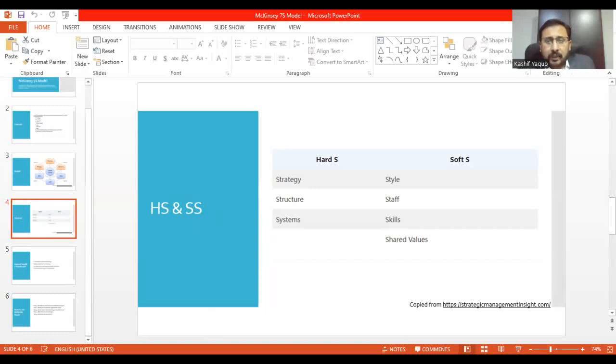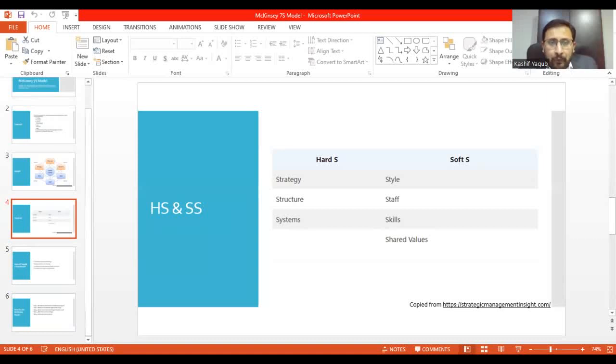Strategy, as you know, is a plan developed by a firm to achieve sustained competitive advantage and successfully compete in the market. What does well-aligned strategy mean in the 7S McKinsey model? In general, a sound strategy is one that is clearly articulated in the long term, helps to achieve competitive advantage and is reinforced by strong vision, mission, and values. These three things are very important, as you know.